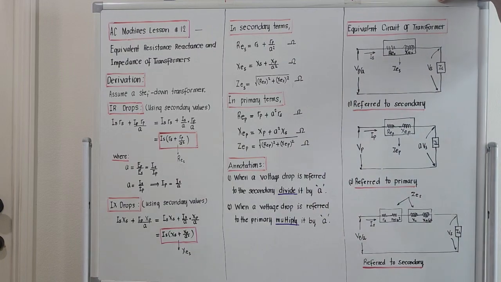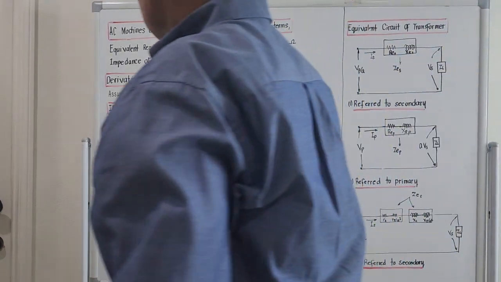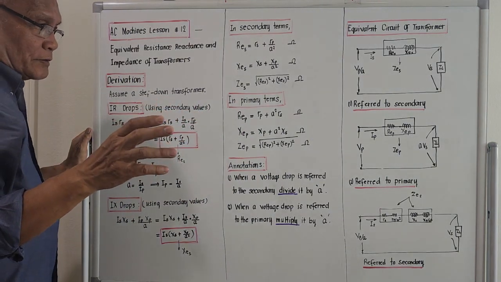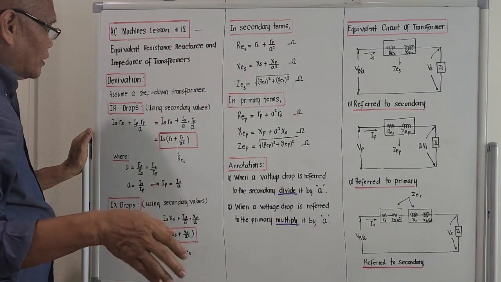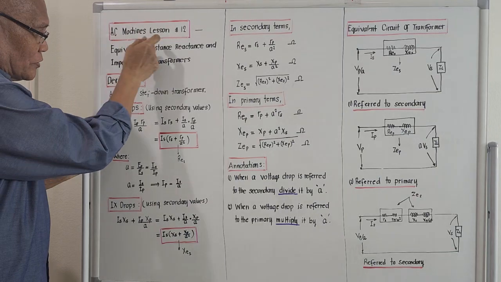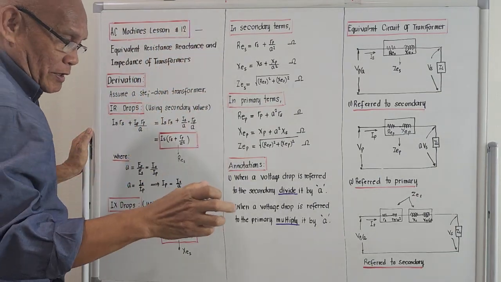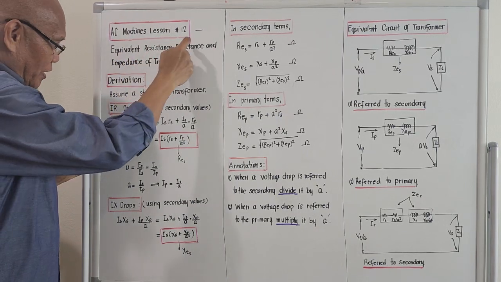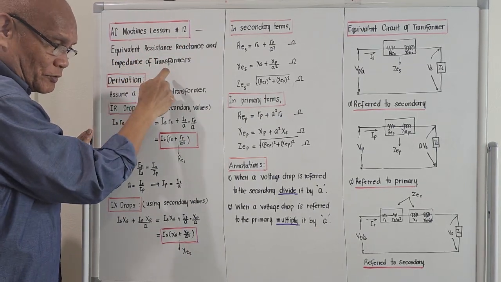Okay, let's proceed with the so-called derivation. The title of the subject matter for tonight will be Alternating Current Machines, lesson number 12. And the title of the topic is Equivalent Resistance, Reactance, and Impedance of Transformers.